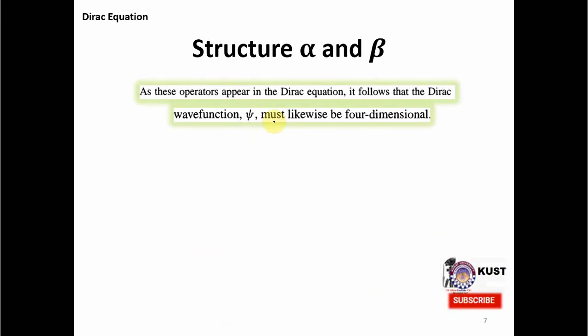As these operators appear in the Dirac equation, it follows that the Dirac wave function must likewise be four-dimensional. As I said, these are actually matrices, four-dimensional matrices. Since they are in the Dirac equation and act on the wave function with the help of operators, the wave functions in the Dirac equation also have to be four-dimensional.